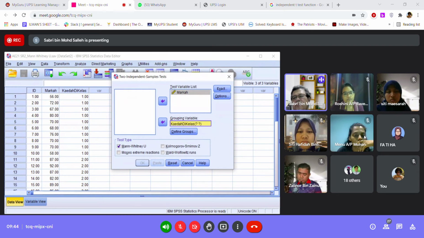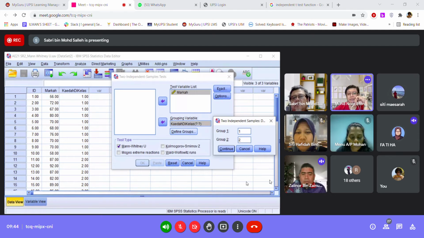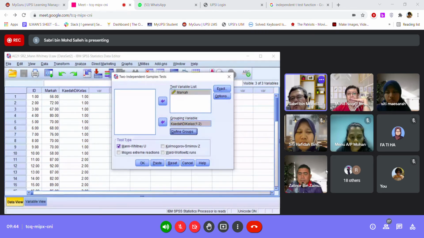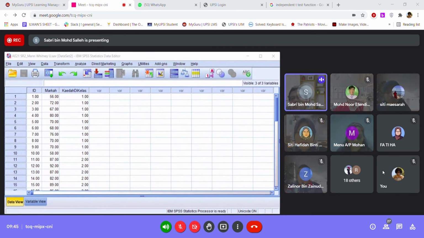Define groups, 1 and 2. Okey, boleh nampak tak tu? Lepas tu tekan continue. Tekan OK. Anda tak nampak ni, kita kena balik kepada PowerPoint.